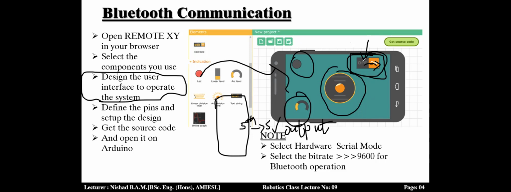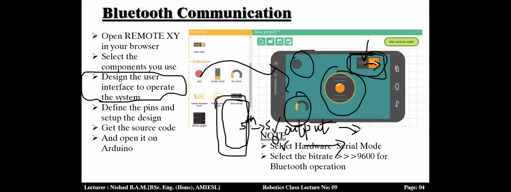If the button is pressed, the 5th pin should be turned on, meaning it will give 5 volts output. Otherwise, if you don't program that, the Arduino will give 0 volts output in each and every pin. If you program it, it will give 5 volts output.